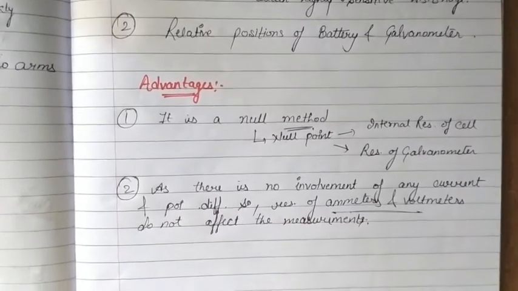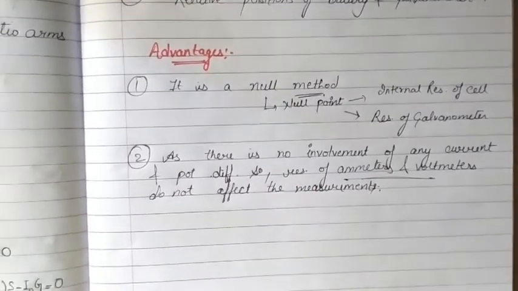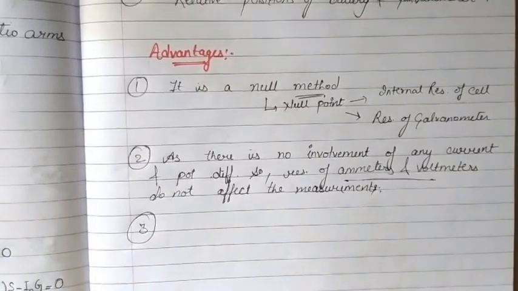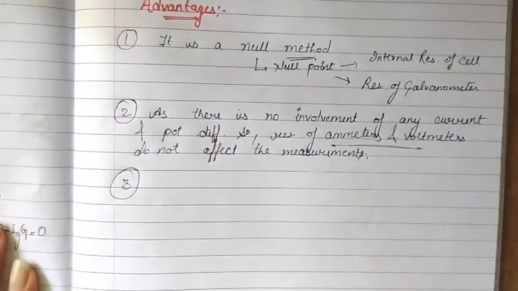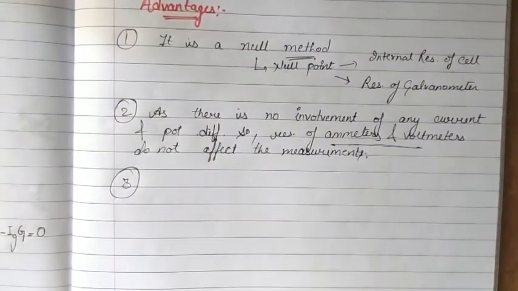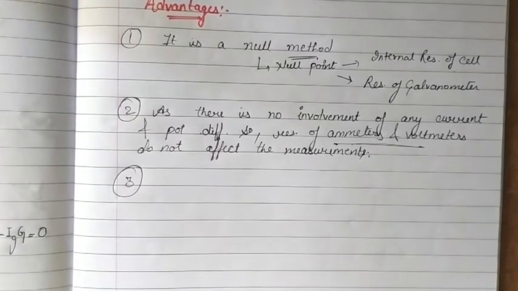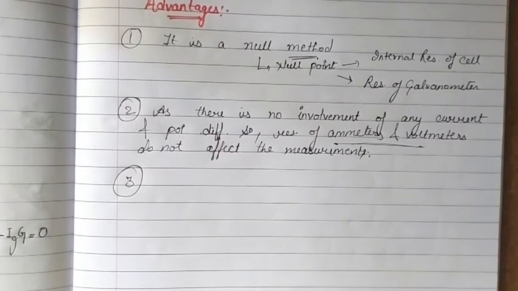Right? So these factors are not going to affect the measurements of resistances or our readings. The next advantage because of which we use this method is that the unknown resistance measured by this method has a very high degree of accuracy, and by increasing the ratio of resistances in the arms P and Q, we can increase its accuracy.